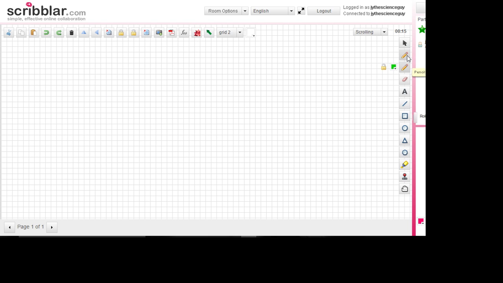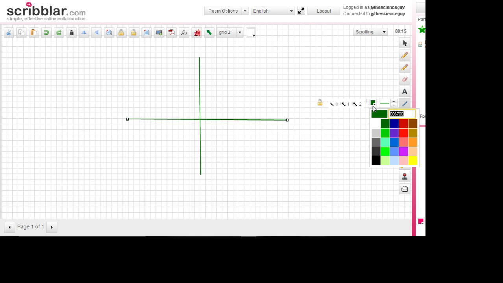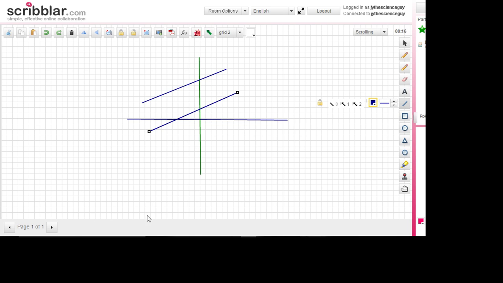Let's start with a picture. I think pictures are always easier to do. What is the same for both of those lines?